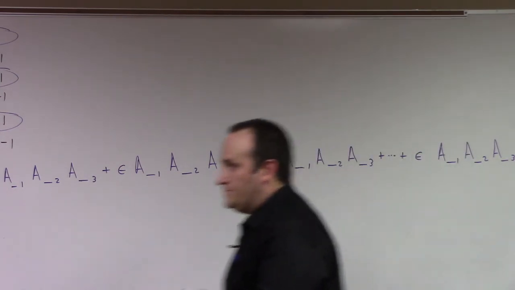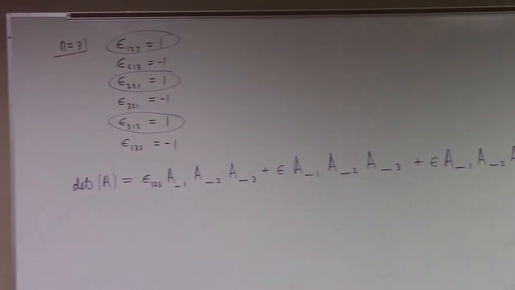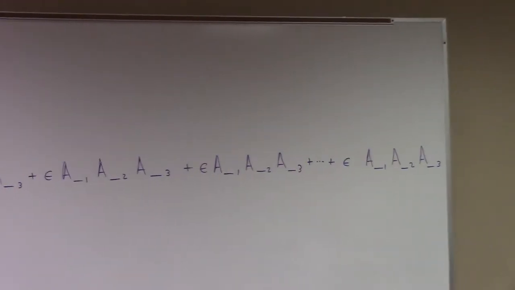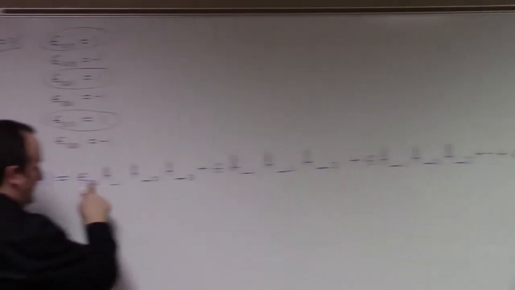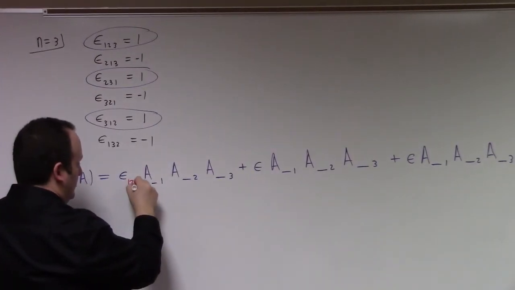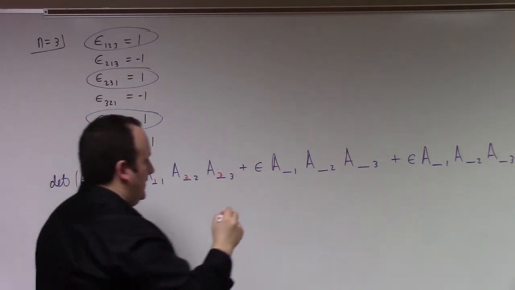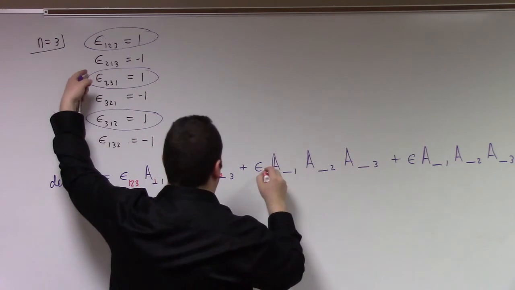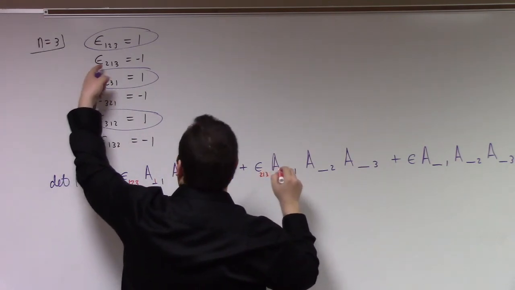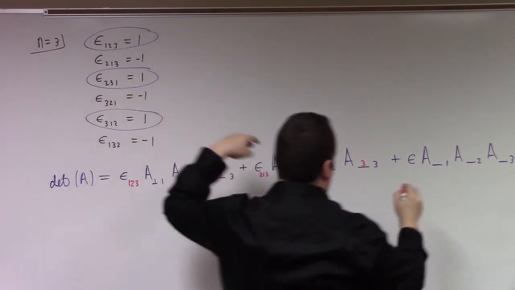You notice that the second index here is fixed in this formula, right? So this 1, 2, 3 goes here. And then which one do you guys want to do next? I mean, I'll just go down this list, 2, 1, 3, yeah? So that's 2, 1, 3. And then we've got what?